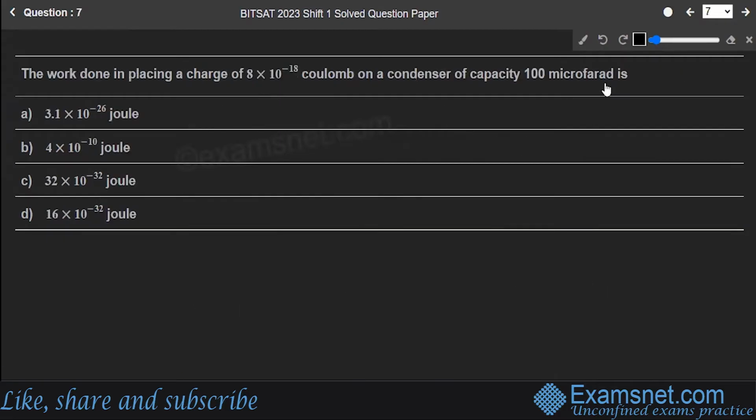Next is question number 7. The work done in placing a charge of 8 into 10 raised to power minus 8 coulomb on a condenser of capacity 100 microfarad is? You have to find out the work done. It is given by the formula half Q square upon C. So this is half, the charge 8 into 10 raised to power minus 8, squared, upon the capacity 100 microfarad.